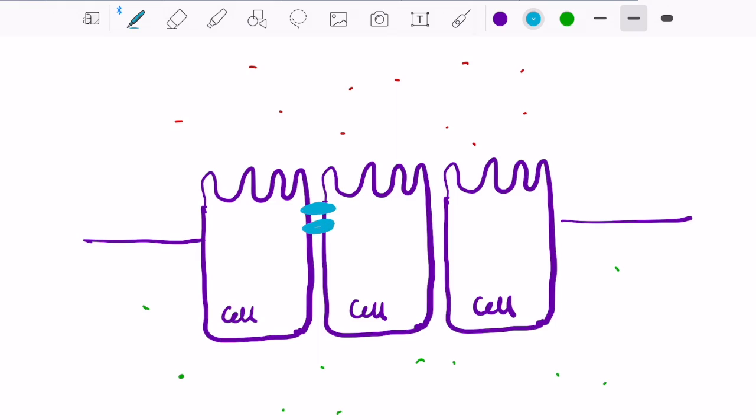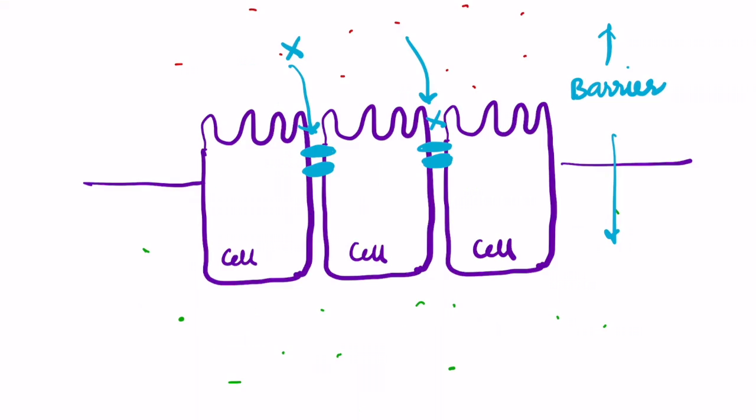So yeah, here's the picture. Between these two cells are the tight junctions, which form a barrier so that solutes do not pass across this tissue. So hence this is a barrier that is being formed by tight junctions.